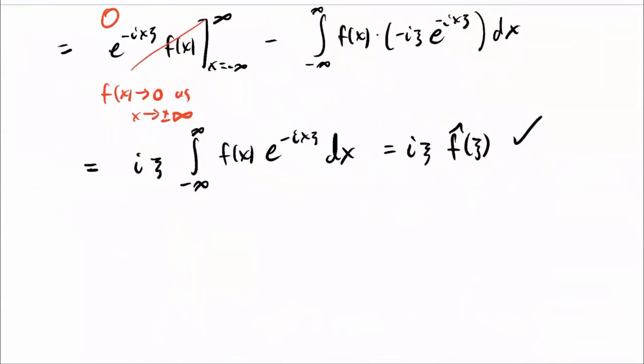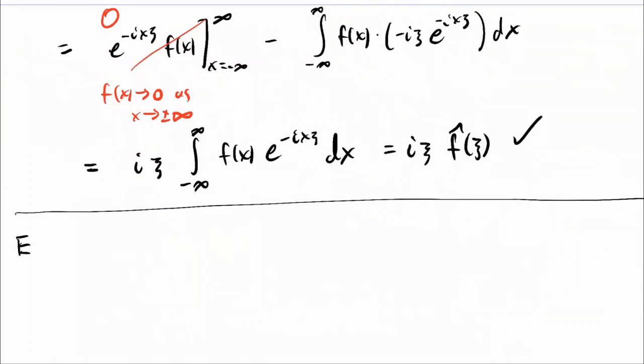Okay, and so let's look at an example and actually calculate a particular Fourier transform. Unfortunately, as we've seen in a lot of different problems we've worked with, if you just pick a random function, actually calculating the Fourier transform can be very difficult.